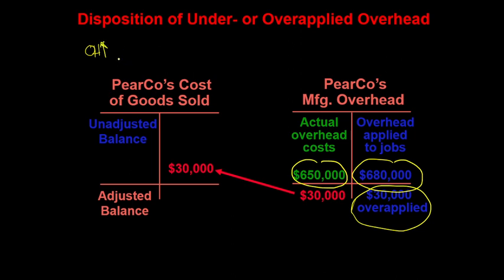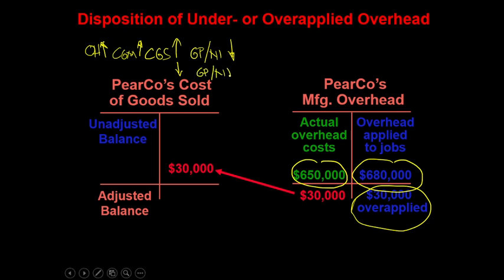Okay, so if it's overstated, it will follow that your cost of goods manufactured will be overstated, cost of goods sold will be overstated, then gross profit or your net income will be understated. So kulang. Kaya bawasan natin, no? By reducing your cost of goods sold, okay, you are actually correcting the effects, no, in your gross profit or in your net income.